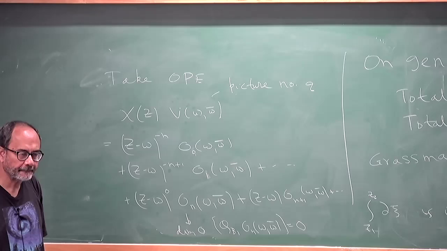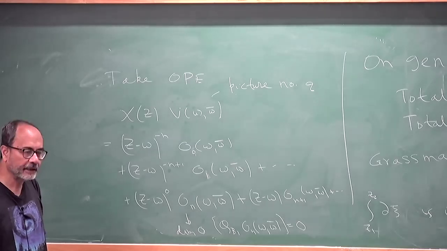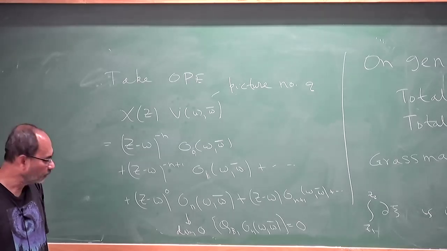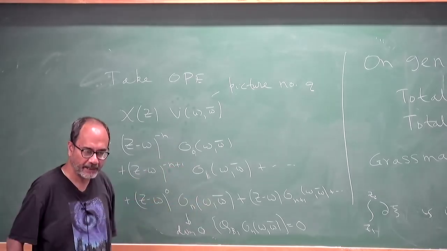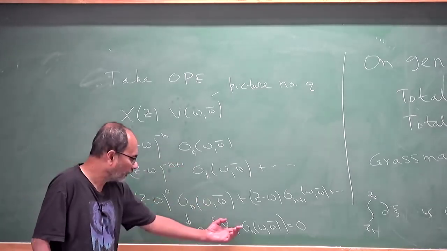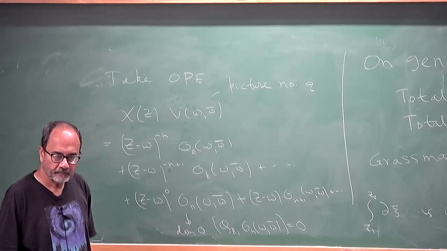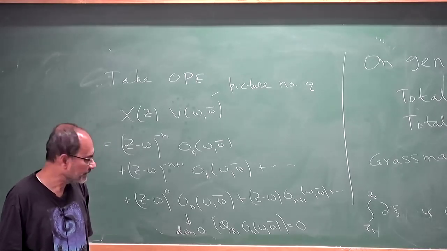So then QB with every one of these would be 0, right? So QB with ON will be 0.